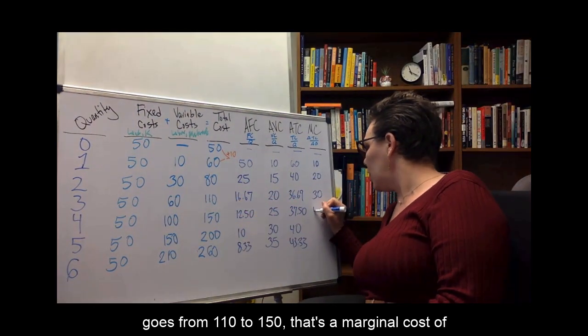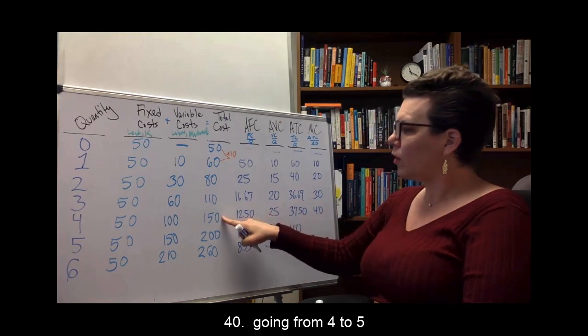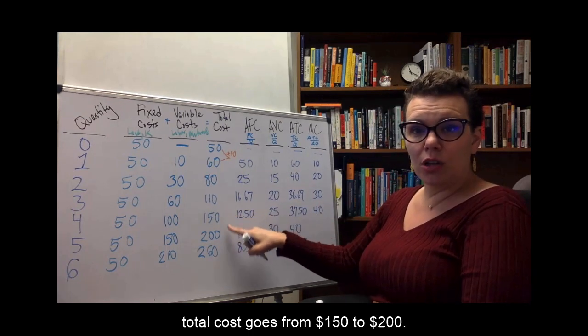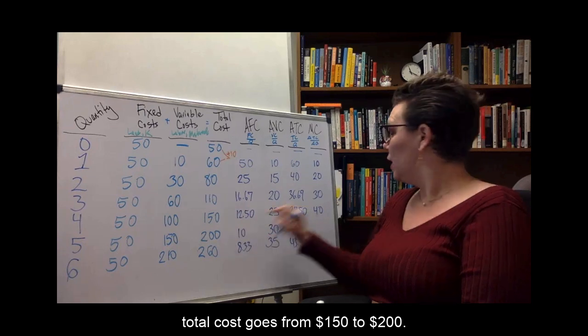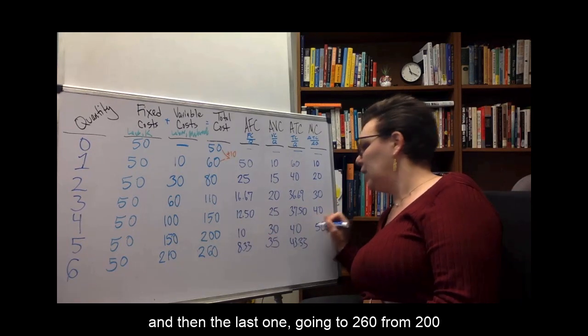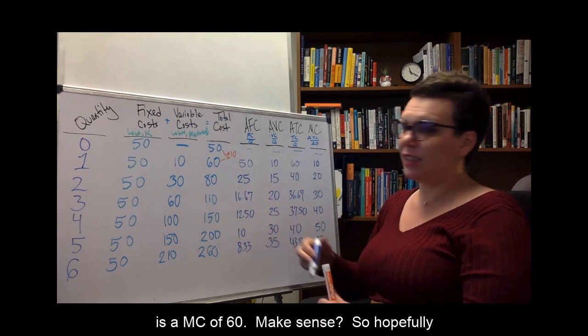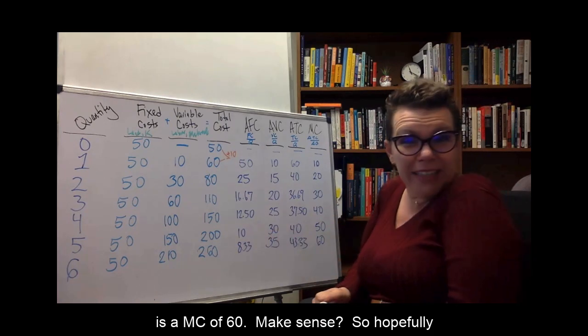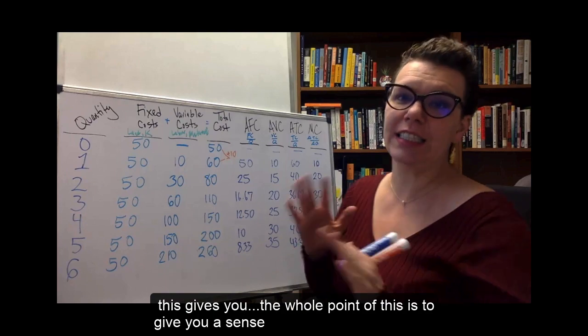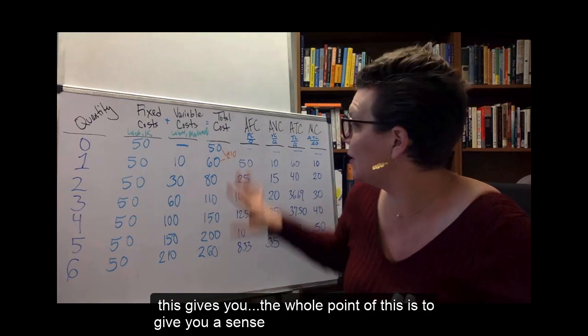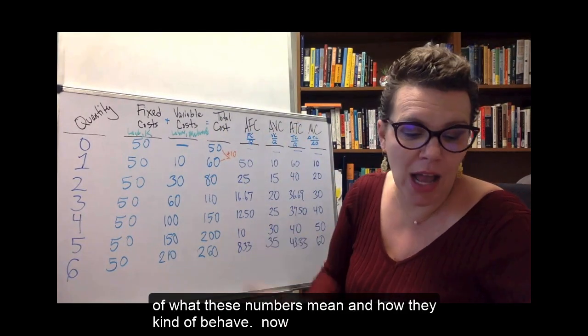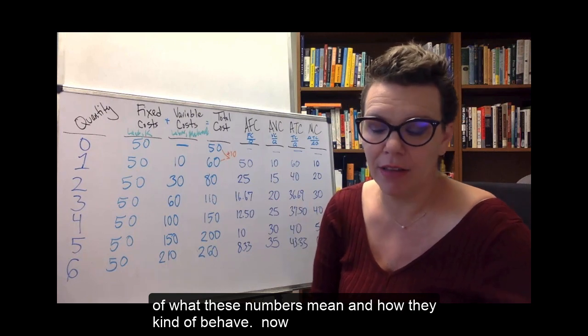That's a marginal cost of $40. Going from 4 to 5, total cost goes from 150 to 200. That's a marginal cost of 50. And then the last one is a marginal cost of 60, going from 200 to 260. Make sense? The whole point of this is to give you a sense of what these numbers mean and how they behave.